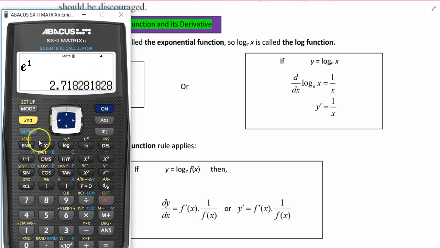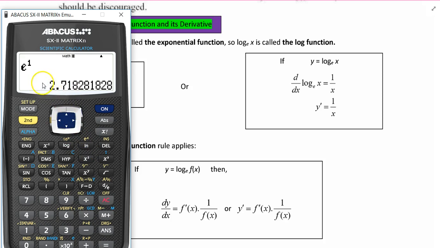How did I bring that up? See E to the x here, it's above the log function. Again, indicating there's some pretty significant link between E to the x and log of x. And I just press second function, this button, and I put a 1 in for the power, and this number came up. So yes, it is a number.